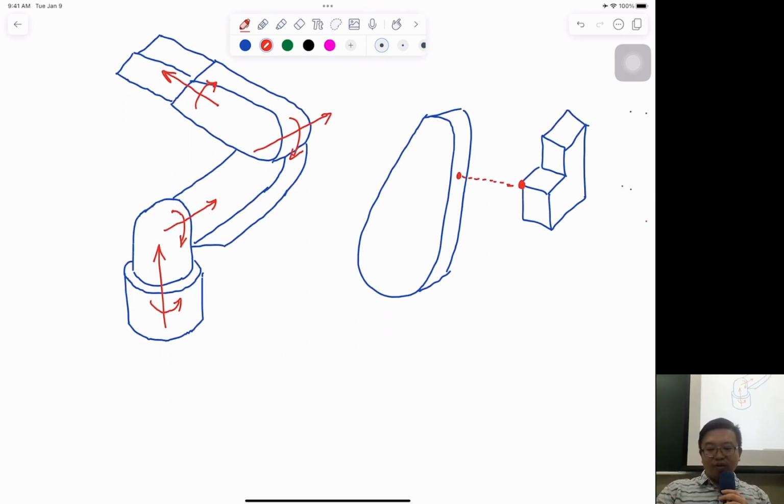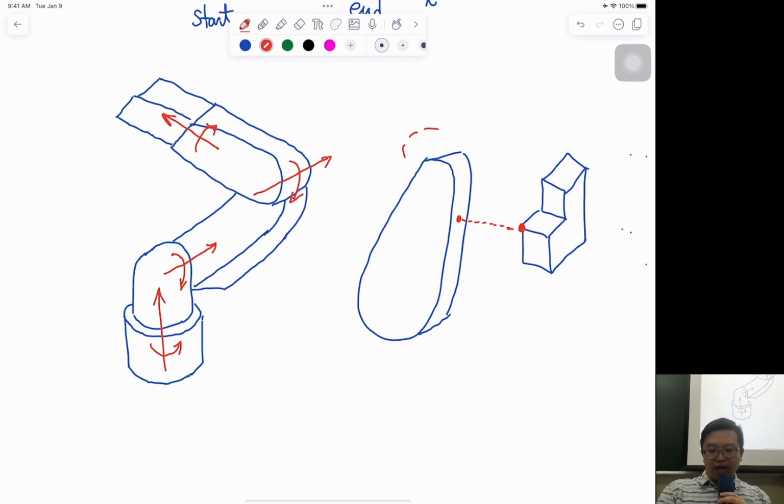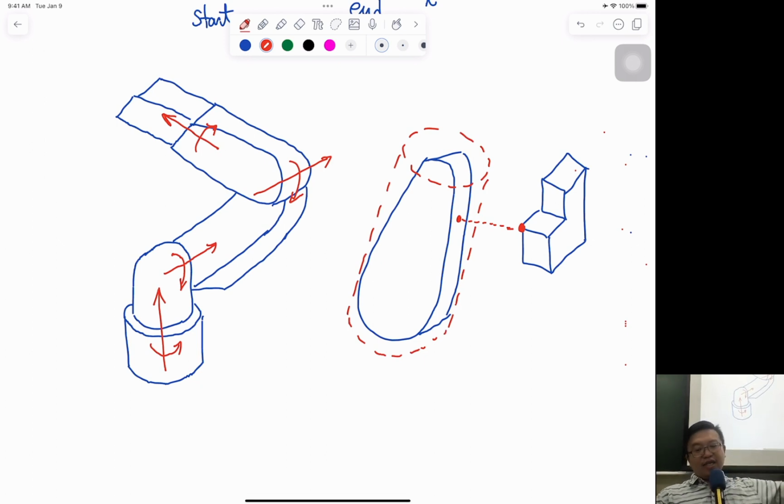Let's say I want to simplify this geometry into a cylinder. Just the smallest possible cylinder that contains the geometry. And for the obstacle, I will consider it as a point, a point with some radius.